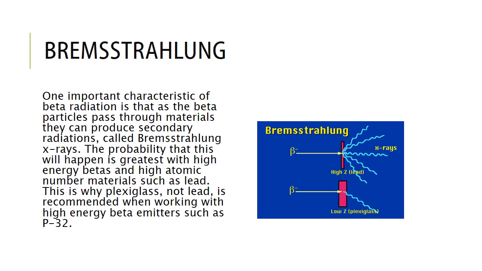The probability that this will happen is greatest with high energy betas and high atomic number materials such as lead. That's why plexiglass, not lead, is recommended when working with high energy beta emitters like P32. And that's also why in nuke med we don't wear lead shielding. Whenever you think about an X-ray tech, they have to wear lead shielding, but we don't, due to these Bremsstrahlung radiations that increase with high atomic number materials such as lead.